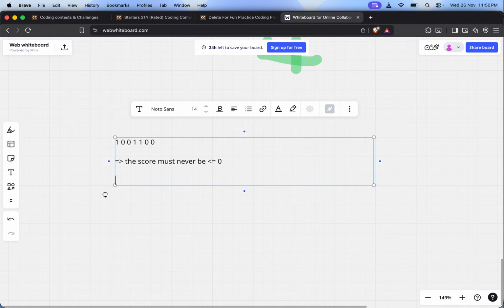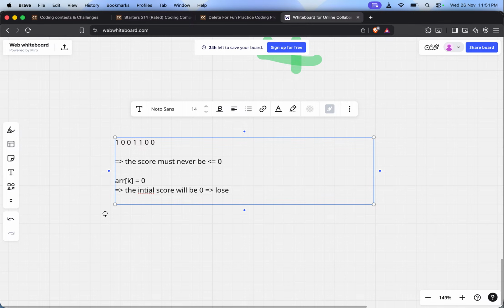It should never touch 0 or be negative. Understand one thing: let's say the value at index k is equal to 0. In this case, the initial score will be 0, and this tells us that this particular scenario will always be a losing scenario, because the score can never be less than or equal to 0.